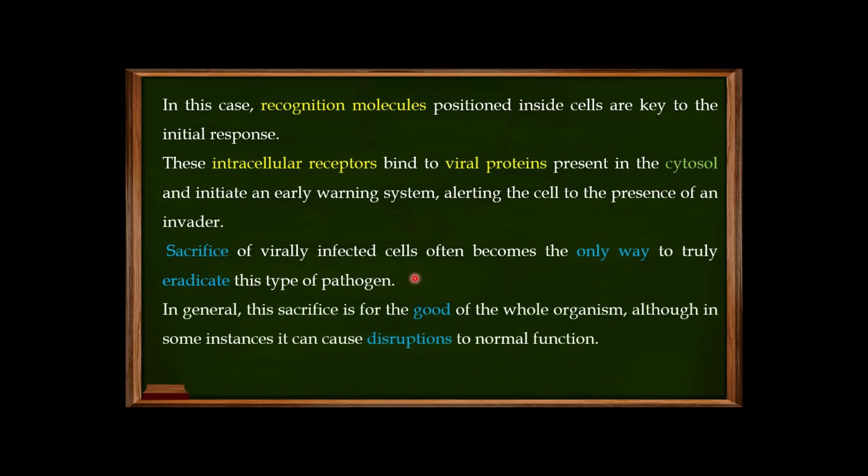Now, in general, this sacrifice is very good for the whole organism, because if you are not going to kill these cells, they are going to harbor these viruses, and the viruses are going to increase their number, and theoretically the infection is going to be there throughout your life. So the good thing is to clear these virally infected cells from the body. So in the majority of cases, this sacrifice is very good for the whole organism, although there are instances where this sacrifice can cause disruption to the normal function of the immune system.